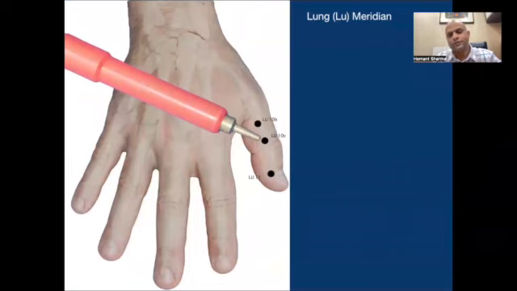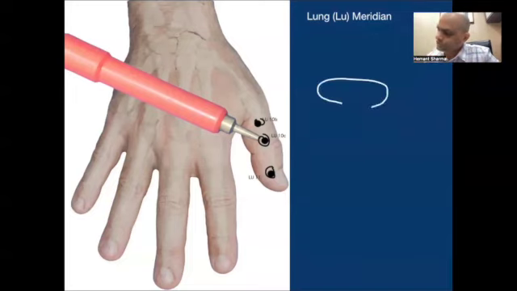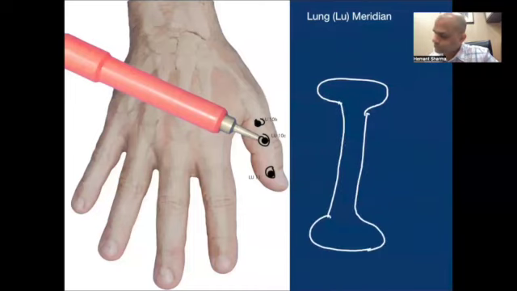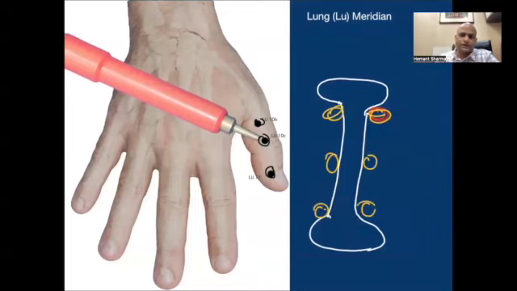Let's see the lung meridian. The lung meridian also has points on the border of bone. Sometimes it's on the upper border. Suppose this is the bone, right? So the point of Dr. Voll is mainly available on the upper border and the lower border, but sometimes we can also see it in the middle border, right?